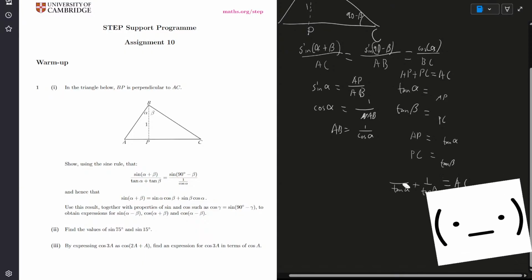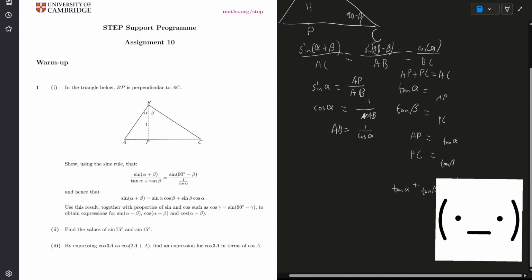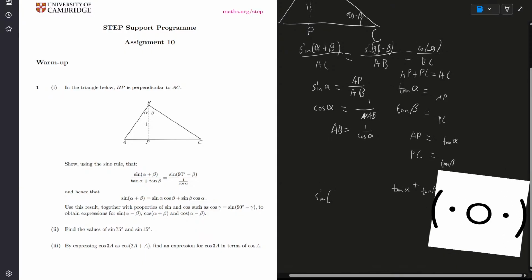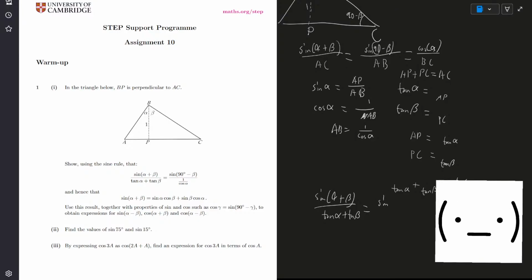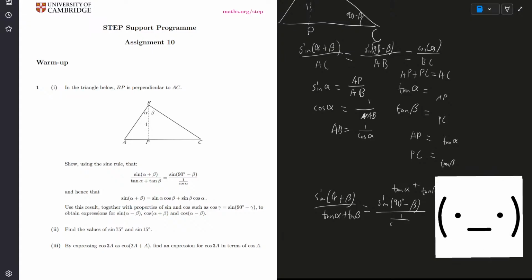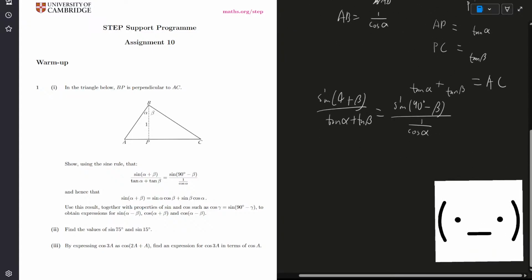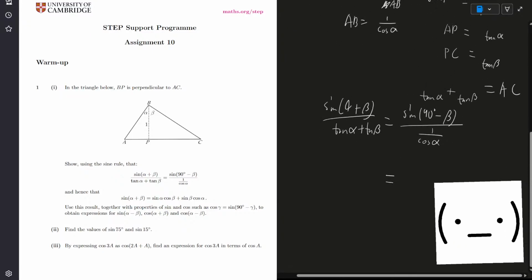Actually, we have this, and thus we can simply substitute our final result. Now the next step is to continue to do some writing.